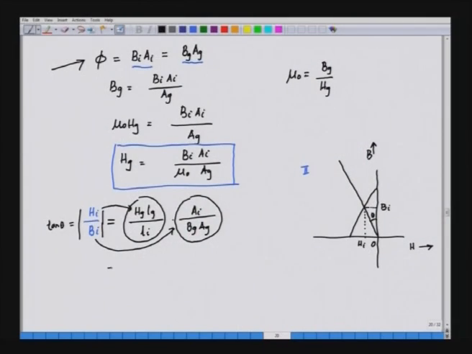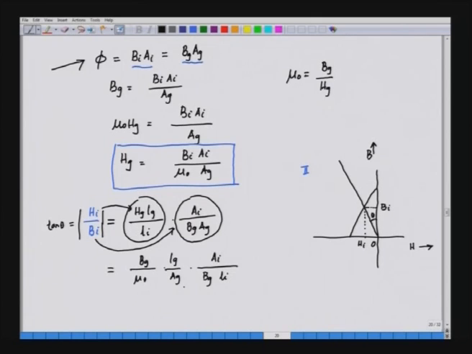So, we can say here that this is Bg by mu naught into Lg, I will separate this out, Lg by Ag, I will bring Ag here, into Ai by Li by Bg.